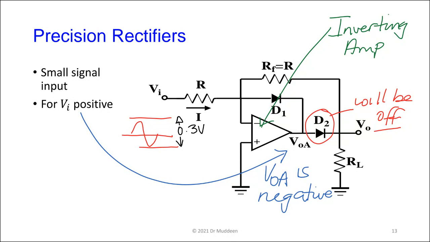Remember the behavior of the amplifier is such that as soon as I put a voltage at this point here, as soon as you turn on the amplifier, the voltage here is briefly positive because of that.